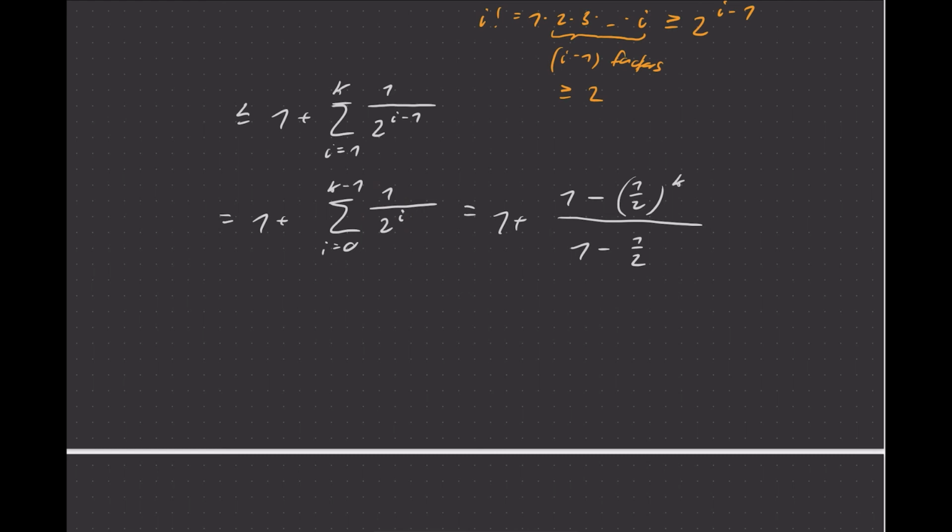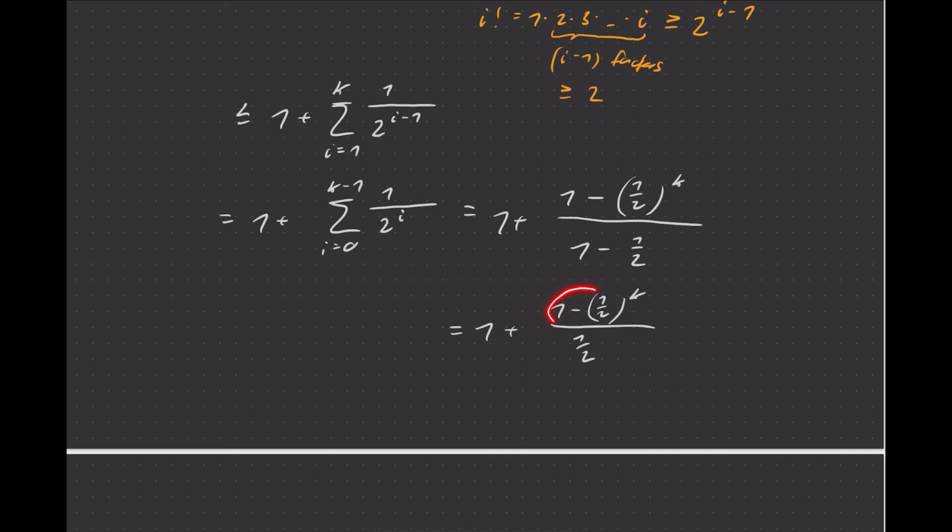So evaluating that, what do we get? Well, we have 1 plus 1 minus 1 over 2 to the power of k, and 1 minus 1 over 2, that's 1/2. So we have 1 plus 2 times something.